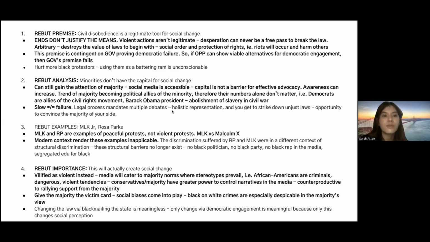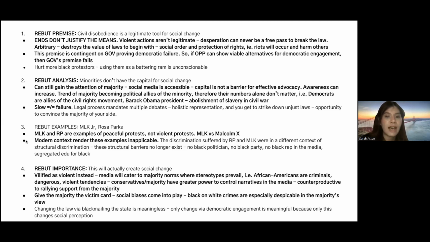The next one is whether it is going to be slow or not. Often being slow also equates to failure. Sometimes it doesn't equate to failure. Being able to point these instances out is how you're also able to rebut such analysis, right? In terms of rebutting the examples, like MLK and Rosa Parks, they are examples of peaceful protests.